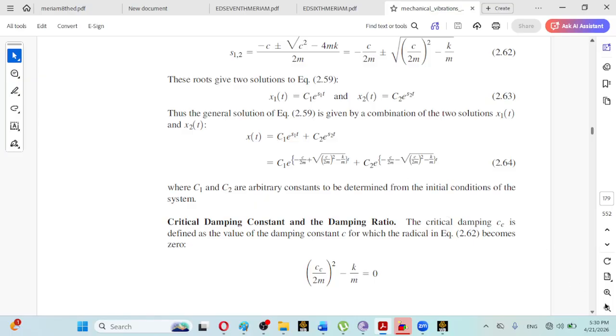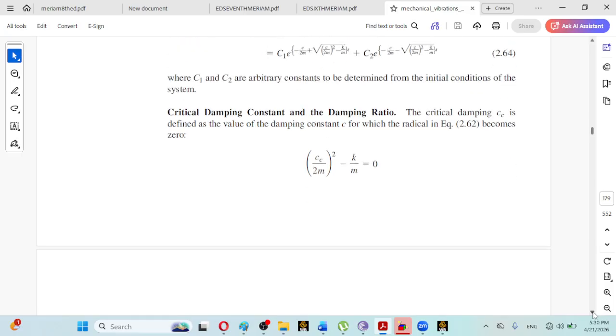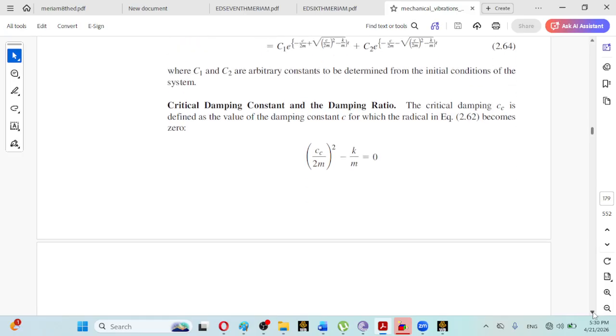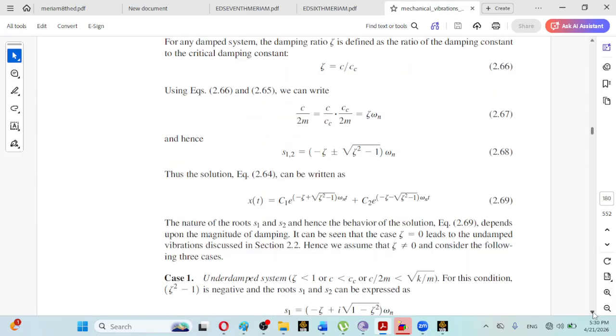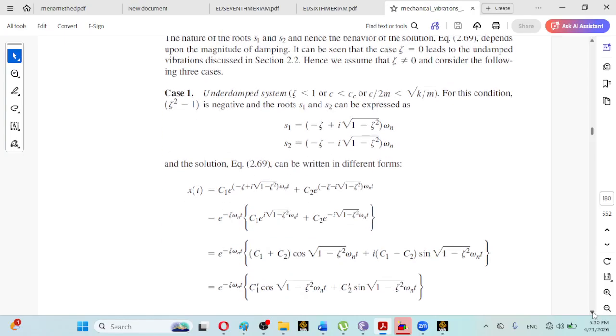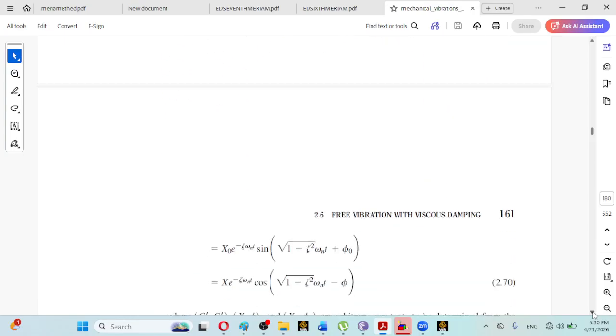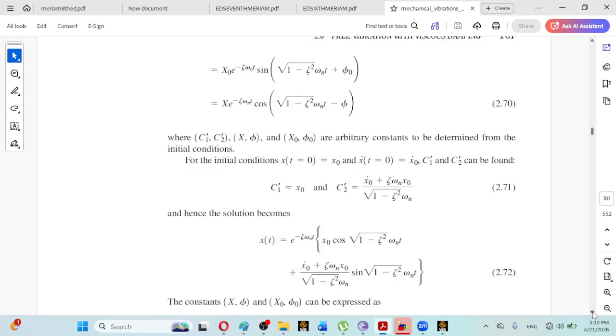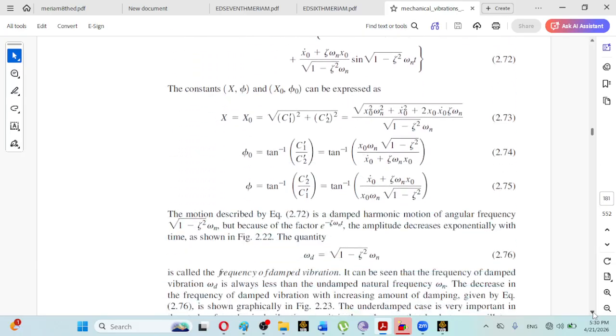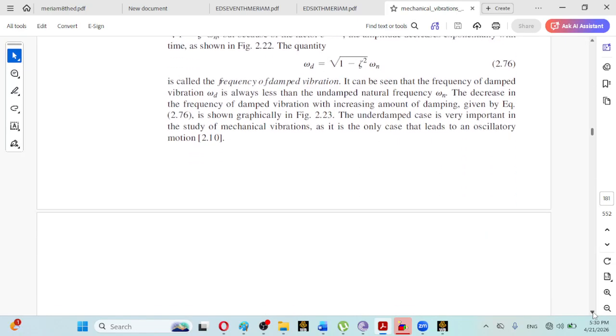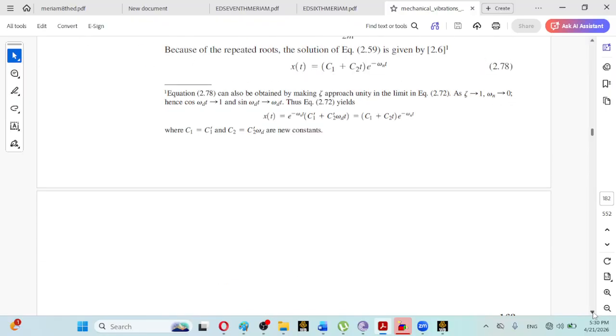But actually this is not the case. When the roots are equal, to make both the solutions distinct, it is the convention of calculus that we multiply or divide the other solution with the independent variable, which has been done here.